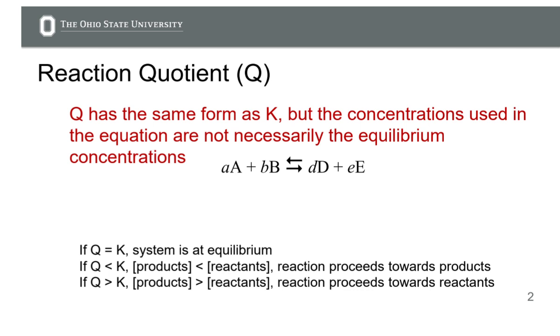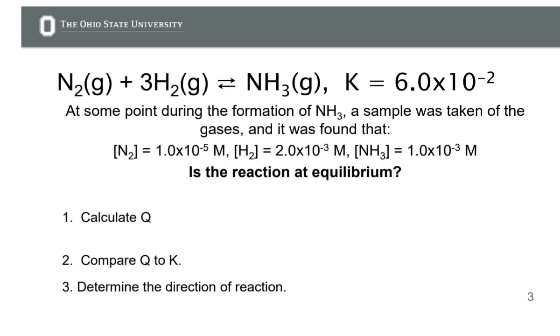All right. Q is less than K. Reaction proceeds towards the products. Or did I get that wrong on that slide? Q is greater than K. That's right. Q was 36. Okay, so reaction proceeds towards the reactants.